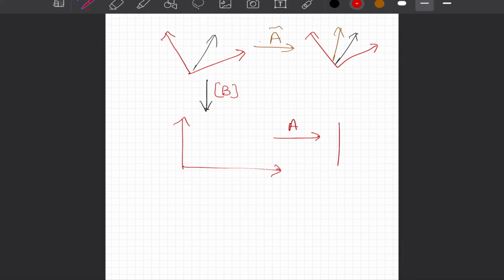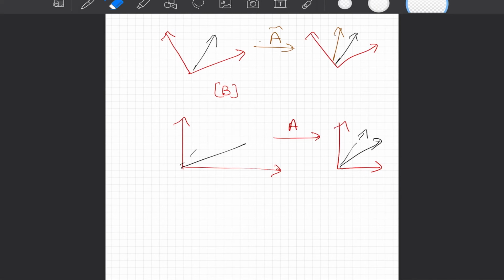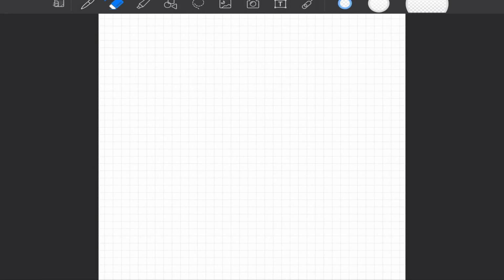Then we apply the transformation A to the vector so that it gets rotated from here to here, and this would be represented here. To avoid confusion, I will delete any change here. Finally, I will rotate it back using B inverse so that we start working in our non-standard coordinate system from where we started. We will extend the same thinking to change of dimensions also, and it will make our further discussions much easier.